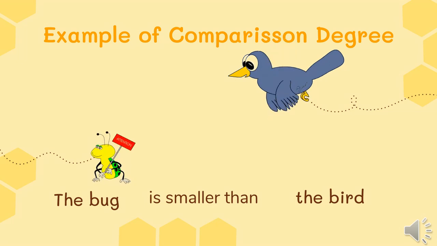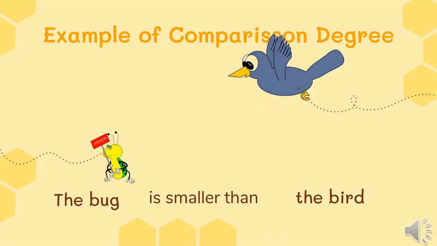The sentence means that the bug's body size is smaller than the bird's. In other words, we can also say that the bird has a bigger size than the bug.